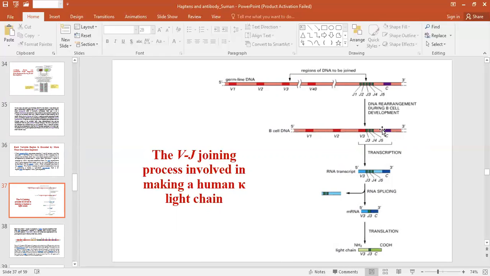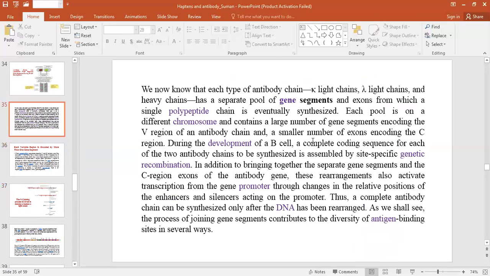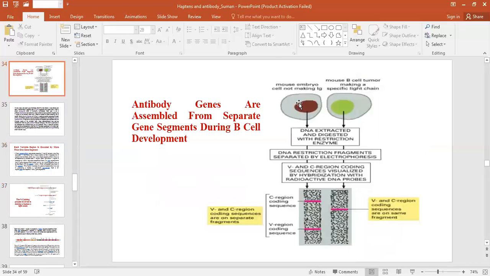So from the germline DNA we get the B cell DNA: one is your germ cell, the embryo cell, and this is your B cell. Here the DNA sequence is very large, and here it is not.